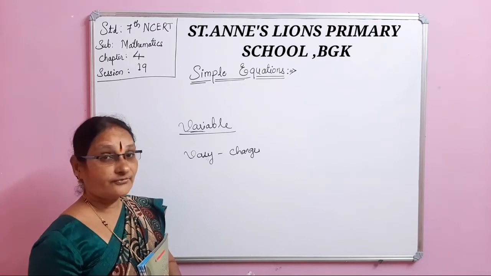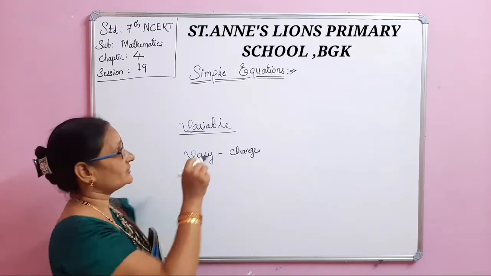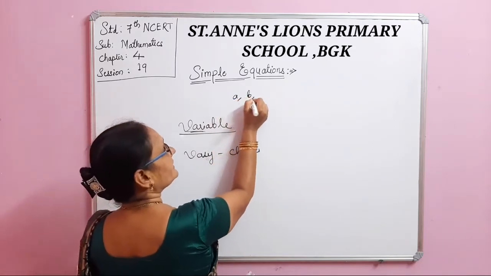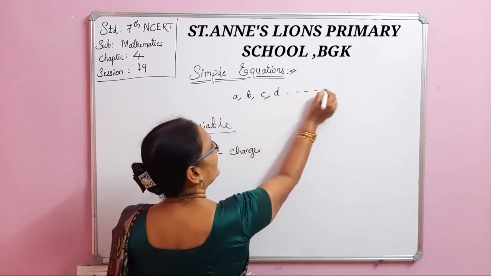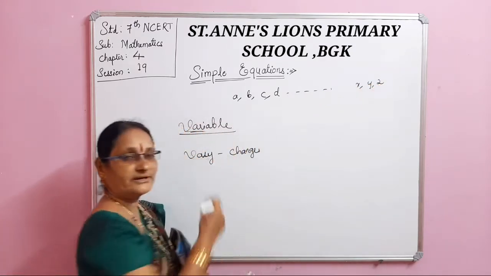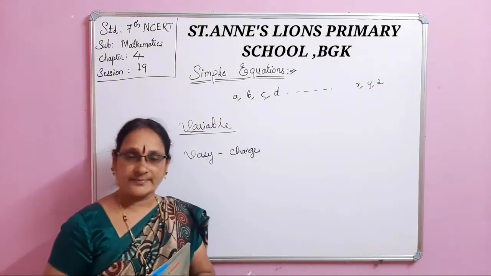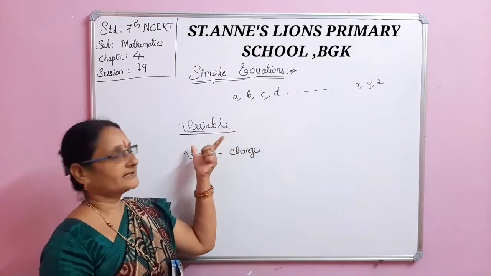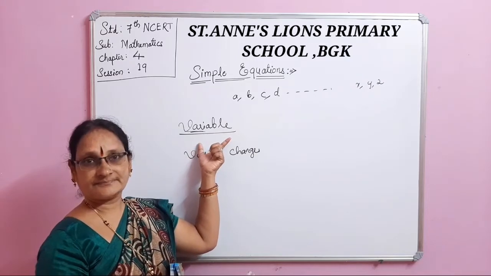The value of some alphabets. We are using the small alphabets, a, b, c, d up to x, y, z. That means all the 26 letters of the English alphabet, the small letters, we are using as the variables.